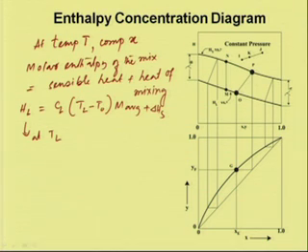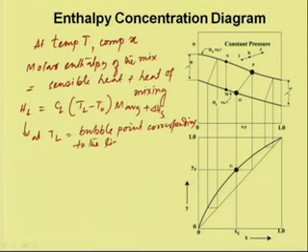TL is the bubble point corresponding to the liquid concentration at that pressure.